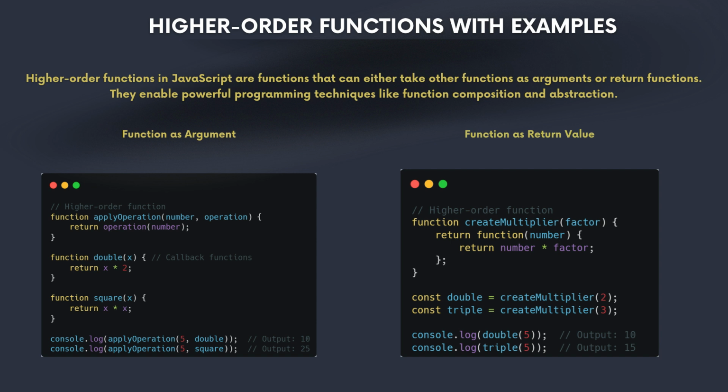Yeah, so a higher order function accepts one or more functions as a parameter. That function gets called after the first function gets executed. If I take an example, inside a setTimeout we can pass a function.